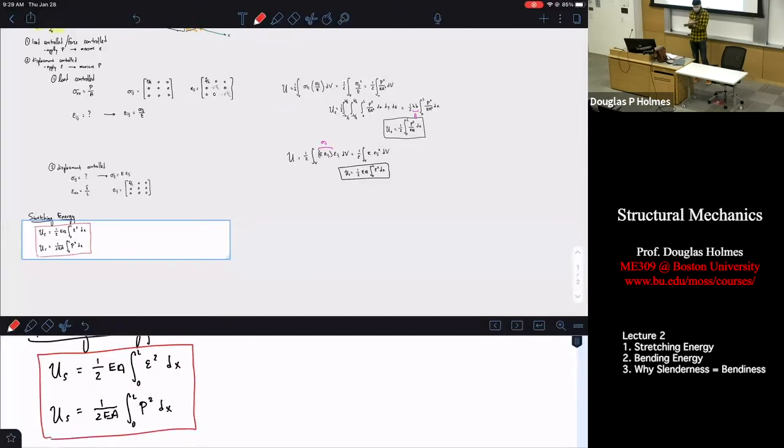These are equivalent through Hooke's law, and that's what we just showed. So in both cases, the energy will quadruple if you double the force or if you double the strain.